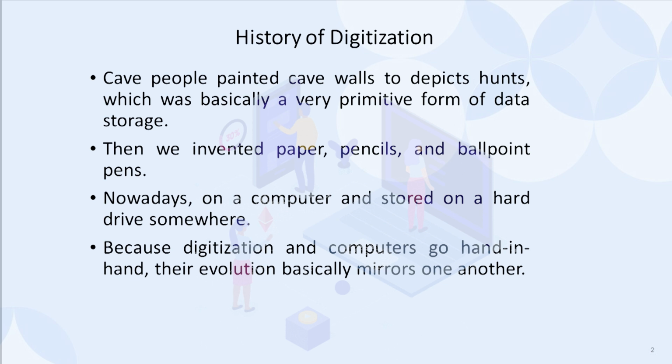Then we invented paper, pencils, and ballpoint pens. Nowadays most of our new information is created on a computer and stored on a hard drive somewhere, or in cloud-based storage.